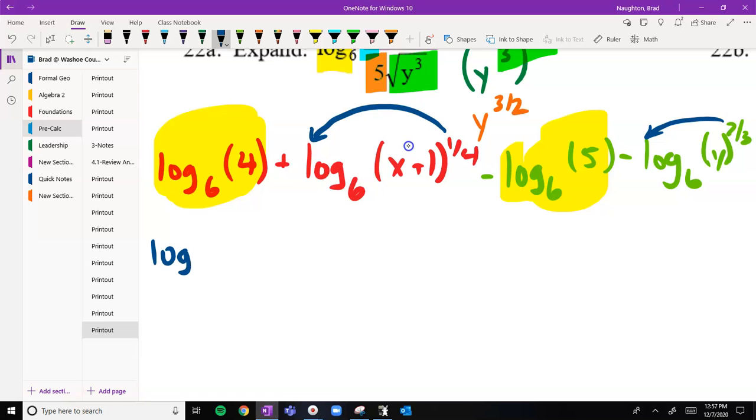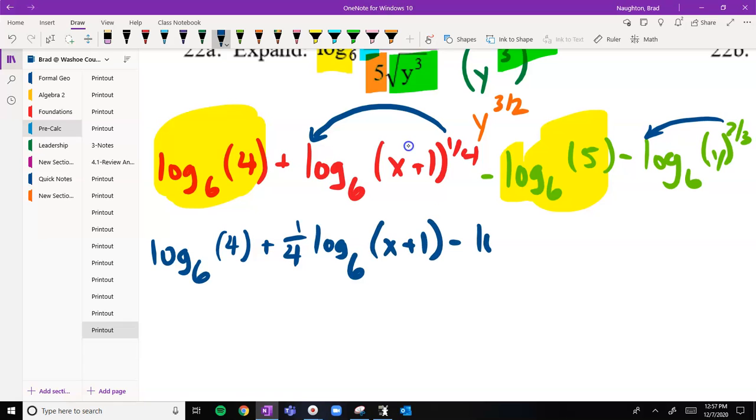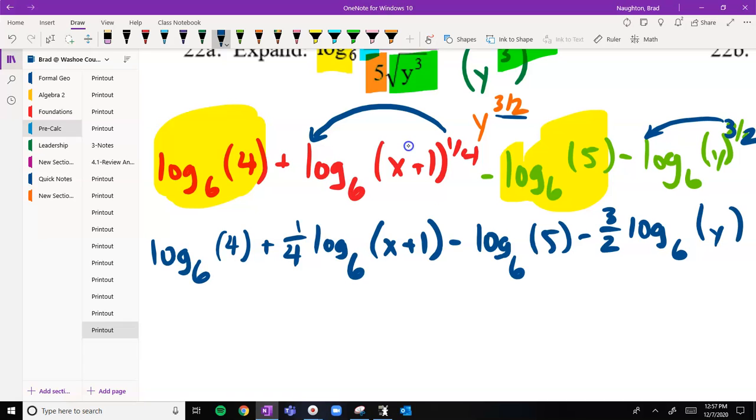So we're just going to rewrite it as log base 6 of 4 plus 1/4 log base 6 of x plus 1 minus log base 6 of 5 minus 3/2, because this is supposed to be a 3/2, not a 2/3, as we can see from up here, log base 6 of y. And so that's expanding it out, and it's been properly expanded. If I check my answer key, hopefully it says the same thing, and it looks pretty good to me. So I'm going to go ahead and move on.